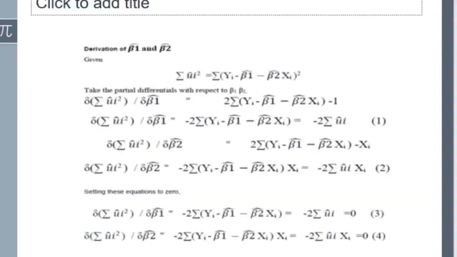In this section, we are going to estimate beta 1 and beta 2, and the method used for estimating beta 1 cap and beta 2 cap is known as the method of least square.